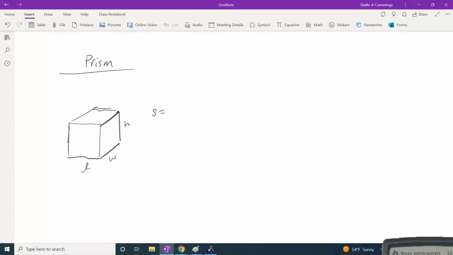So the surface area is equal to 2 times WL plus H times L plus H times W. All right, and that's going to give me the amount of surface an object has.